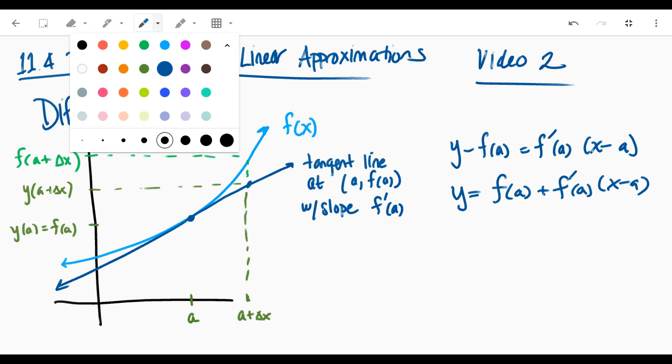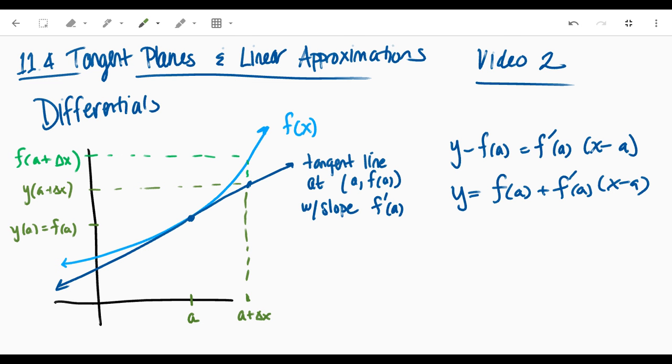Now we're going to label a couple things on here. So the first thing we're going to label is if we take a look at moving along the curve. So this would be a distance of delta x.